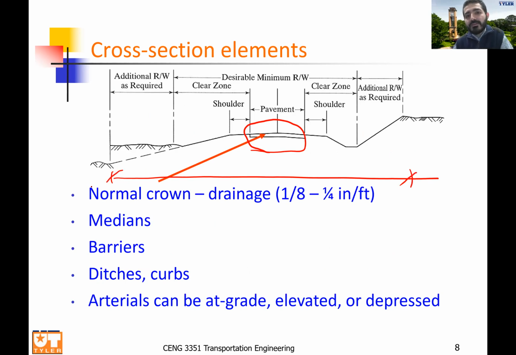That is all yours, which is the whole thing is what we call ROW, right of way. Right of way, or sometimes we call it R/W. Basically, this is the whole area that the state or the federal government will aspire to have control over, so I can have some area within my structure to expand in the future if I need to.